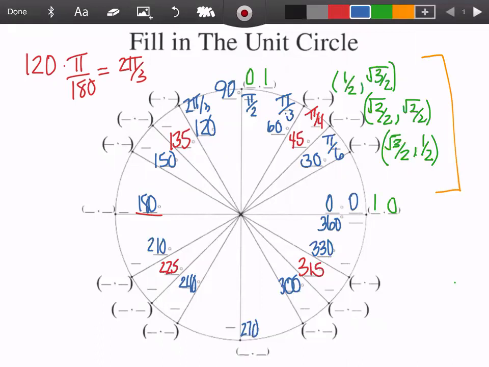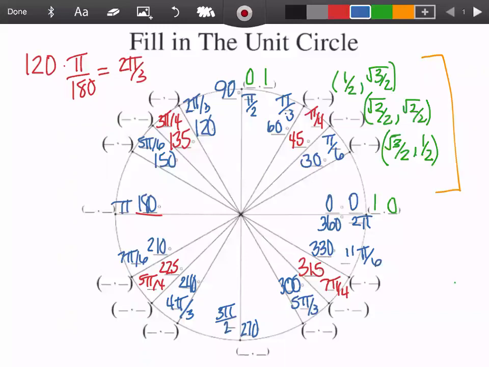So I'm going to fill in the rest of the radian measures using the conversion factors. Okay, so what I have just done here is I have filled out the whole entire unit circle with radian measures all the way to the last one of 2 pi.